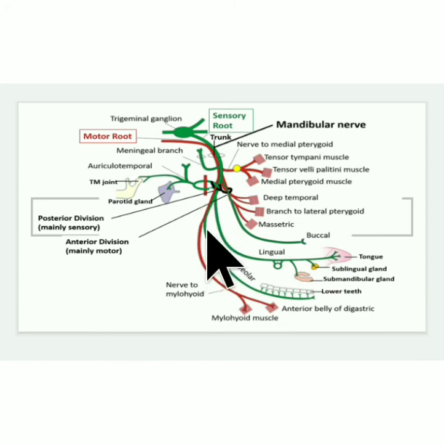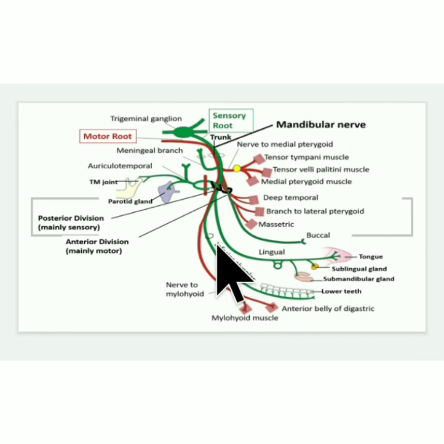We know that the medial pterygoid muscle attaches to the medial surface of the ramus of the mandible. Then it enters the mandibular foramen and runs through the mandibular canal along with the inferior alveolar artery. So in the mandibular foramen and in the canal, what structures are present? The inferior alveolar artery and the inferior alveolar nerve.